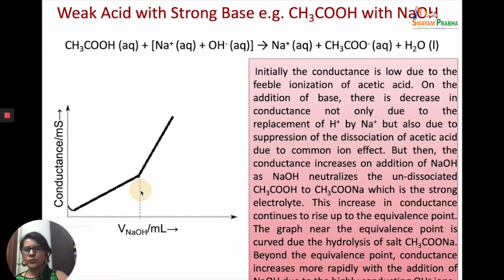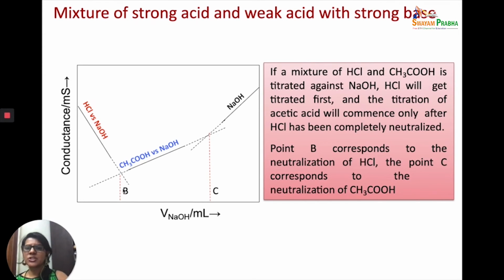Now let's move to the mixture of a strong acid and weak acid with strong base, and the example that we take here is an HCl and acetic acid mixture, and we titrate it against NaOH. Now the curve is very, very simple to understand and very easy to observe actually.